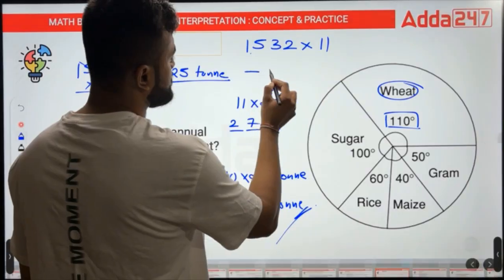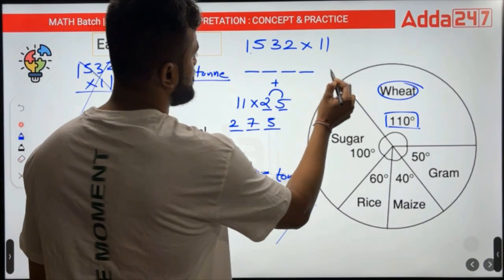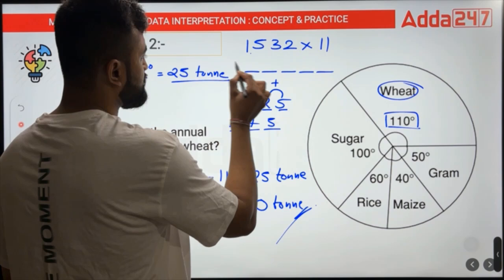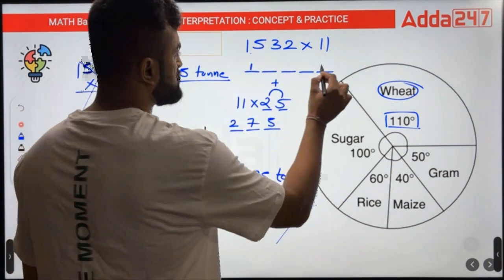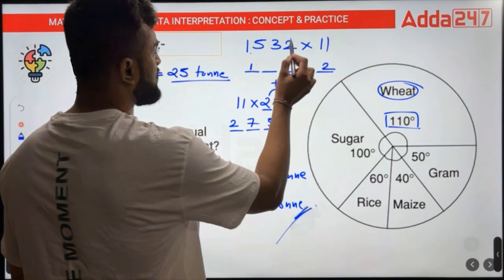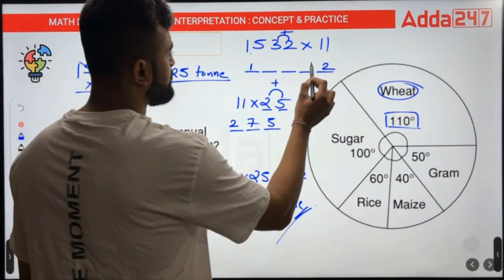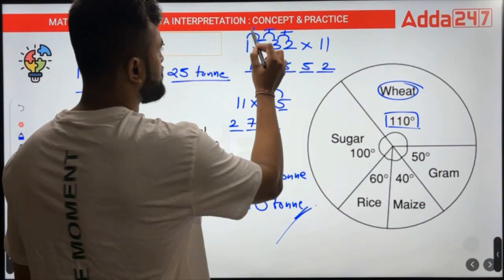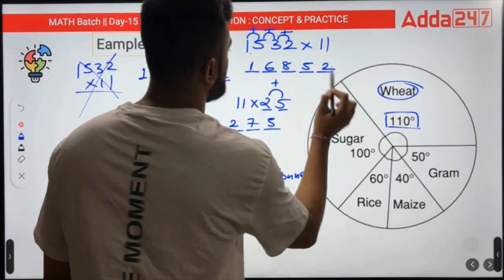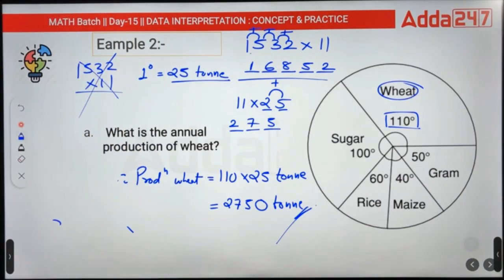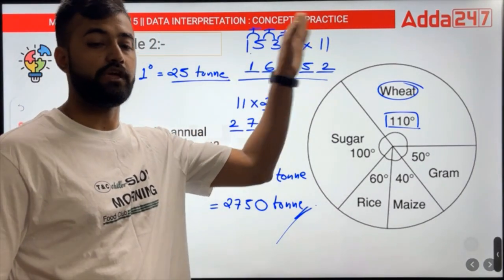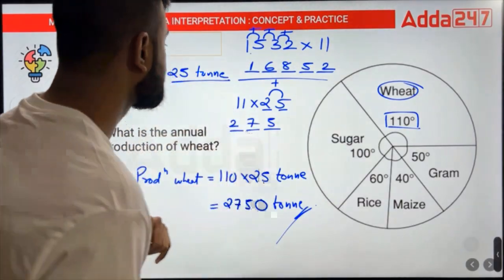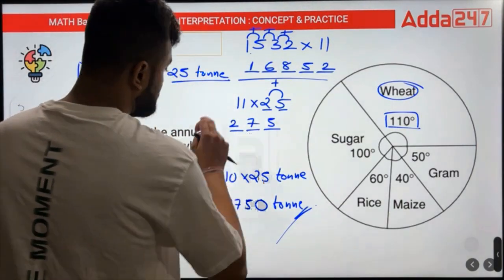That means I'm getting 5 digits. 1, 2, 3, 4, 5. Yes, perfect. In front I have 1, just write 1. Behind I have 2, just write 2. Next part, just keep adding. 3 plus 2, 5. 3 plus 5, 8. 5 plus 1, 6. Finish. Done. This is your answer. You have to add from behind. That's it. Easy, sir.